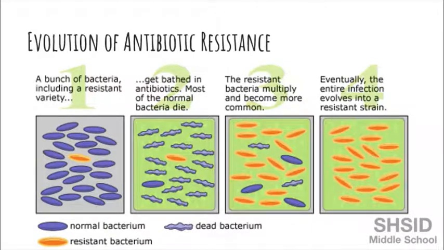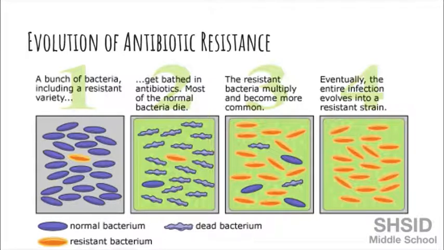So what about antibiotic resistance? Well, it does actually occur naturally, right? Because bacteria, just like other living things, have variety. There are different types of bacteria, and even in the same species, in the same strain, you can get slightly different genetic variations from one bacteria to another, just like there are genetic variations from one person to another.